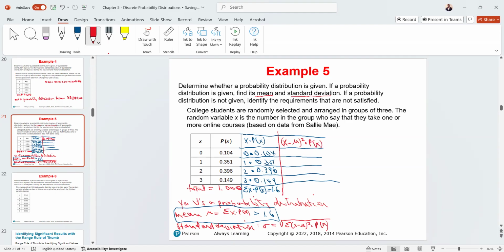For the first one, x is 0 minus the mean, 1.6, squared, multiplied by the probability 0.104.